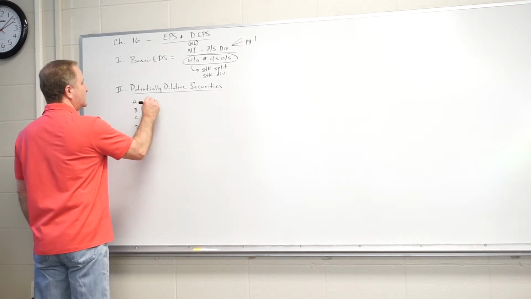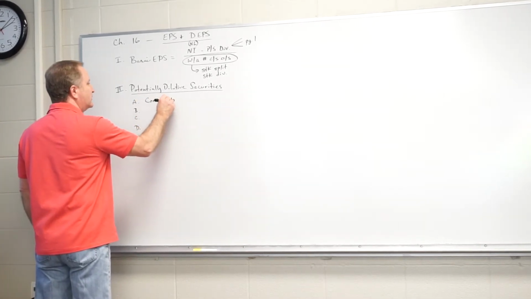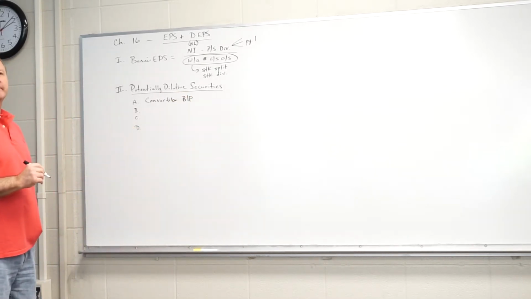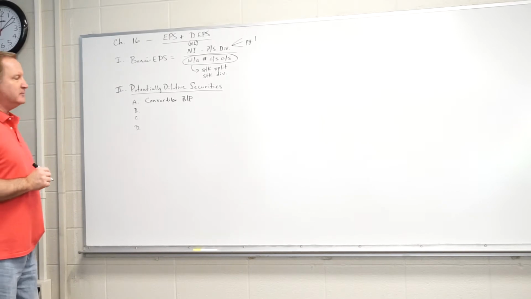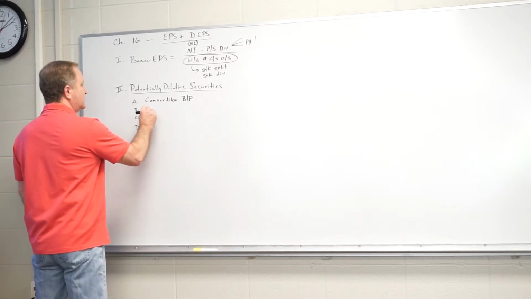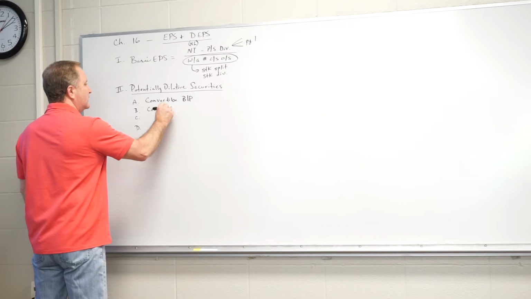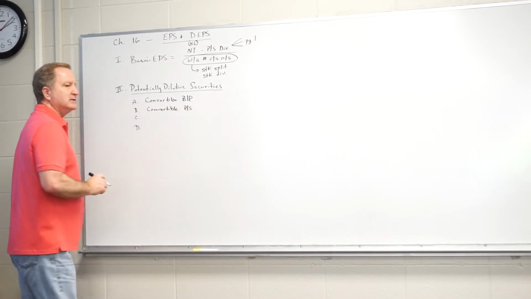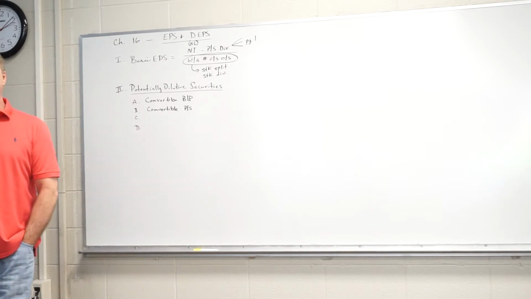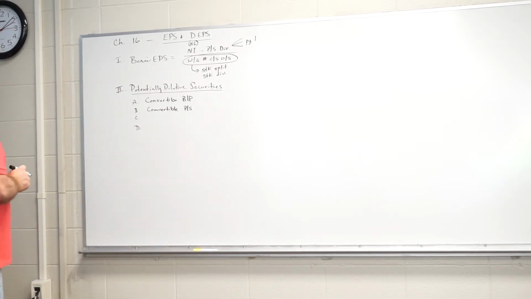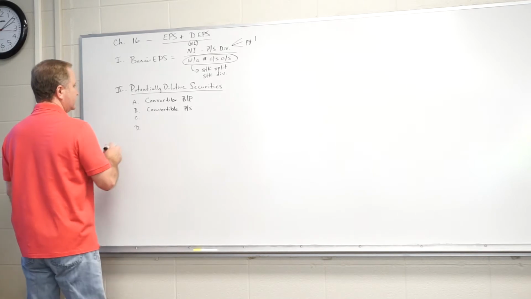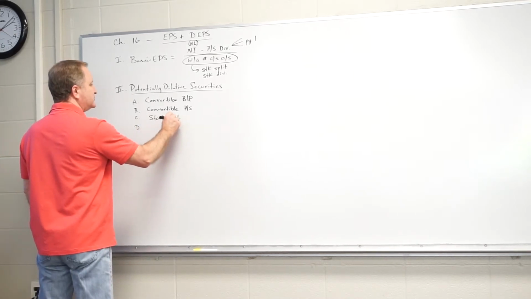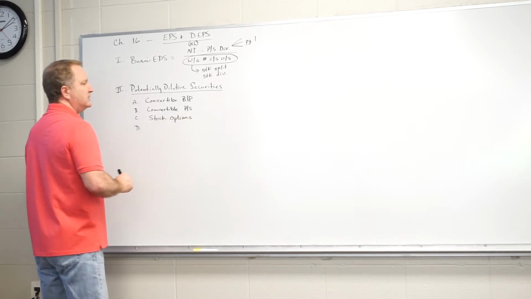Now, what are some of those potentially dilutive securities? First of all, convertible bonds payable. Also, convertible preferred stock. Okay. Next, stock options.